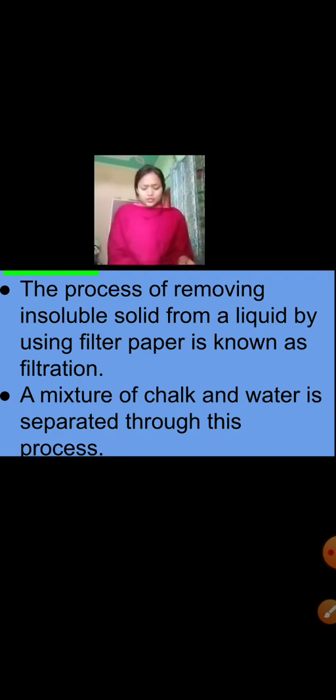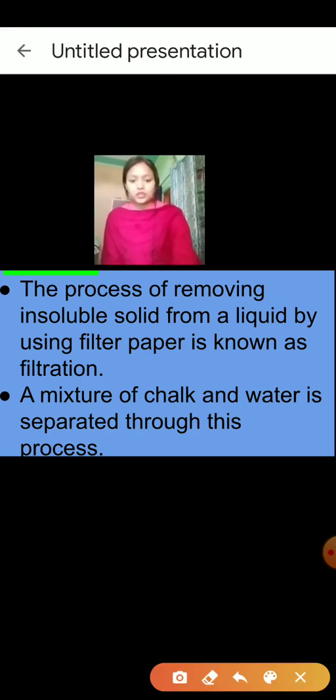Now you must be thinking sieving and filtration are same. Yes or no? No, they are not same, because in the case of filtration we are using a filter paper also. As you can see, in the case of filtration we are using a filter paper, and a solid impurity is there and we are separating this solid impurity from a liquid.